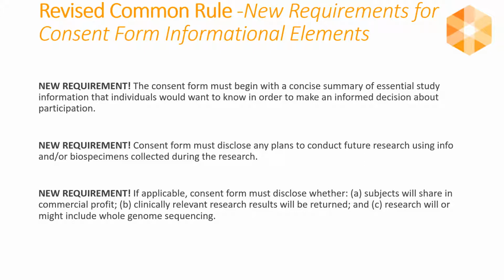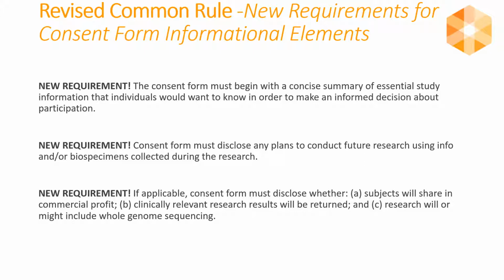Information must be presented in a way that facilitates an understanding of why one might or might not want to participate. The informed consent form should not simply list isolated facts, but instead should help people process complicated information, and key information such as the study's purpose, risks, benefits, and alternatives must be provided at the beginning of the consent form.